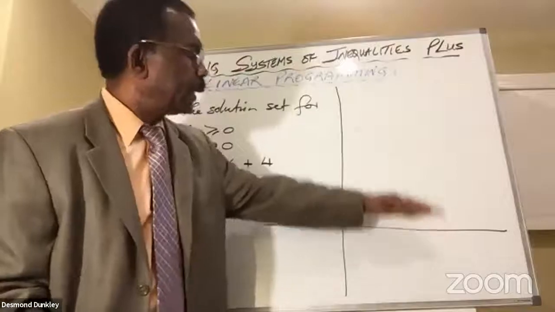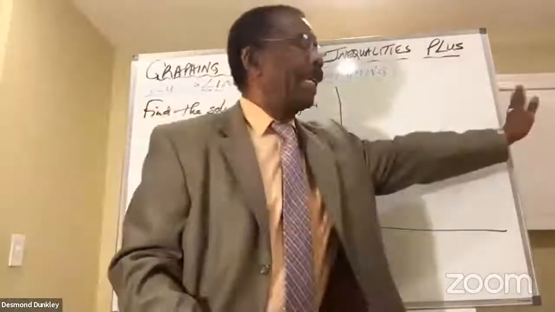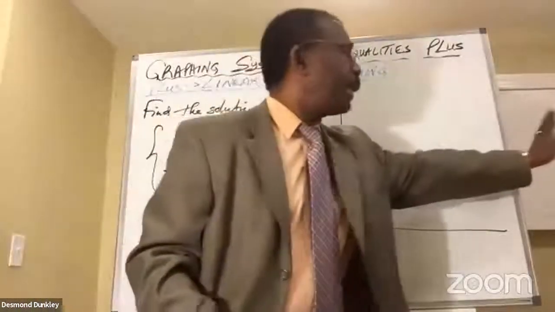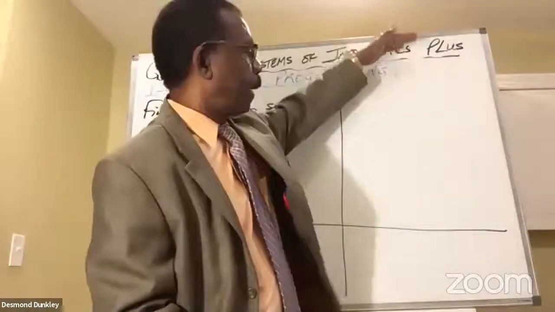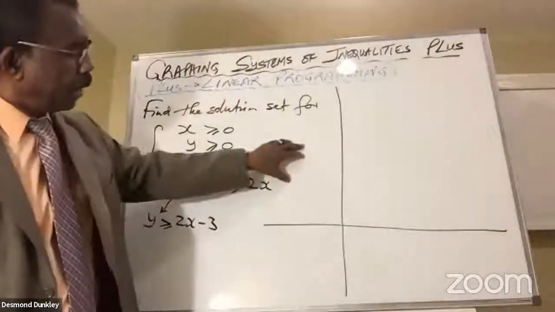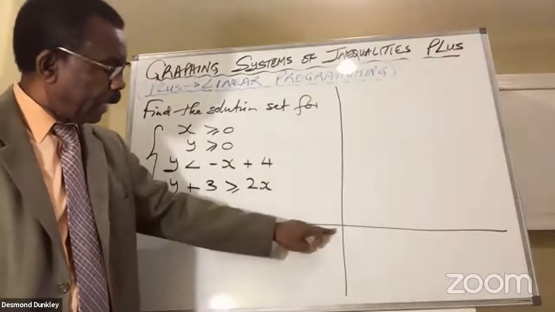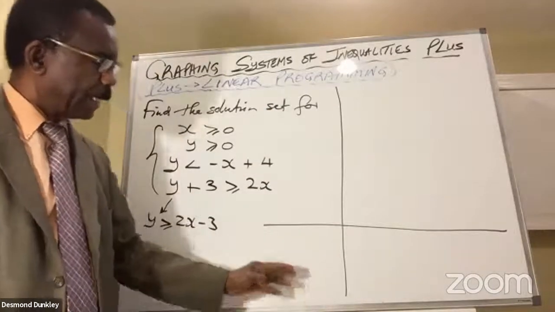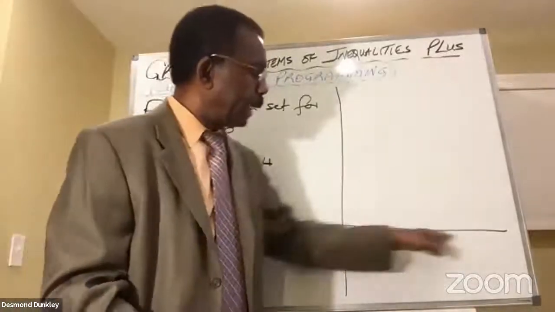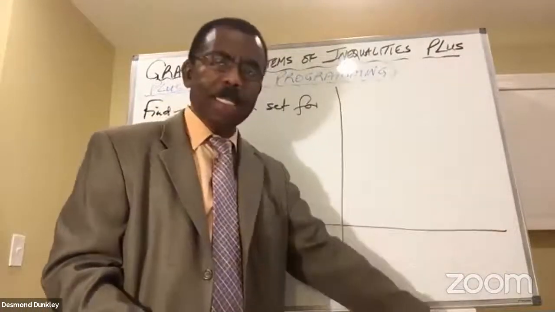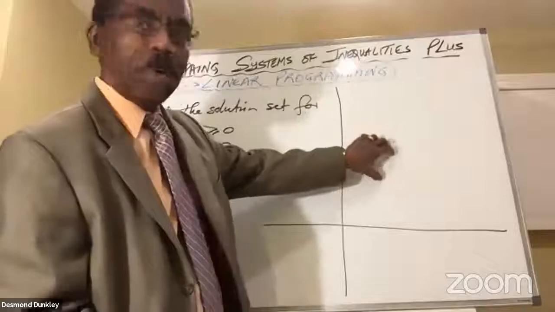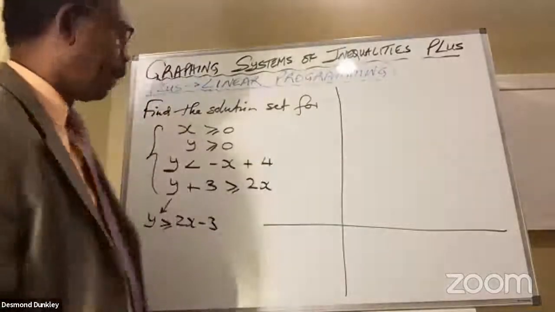Here, x is positive, y is positive. Over here, x is negative, y is positive. Down here, x is negative, y is negative. Over here, x is positive, y is negative. So this is the corner that we're going to be concentrating on.